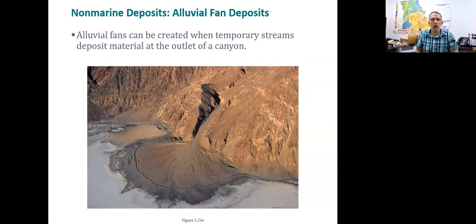It's very similar to a delta, which we're going to talk about in a later chapter. But this alluvial fan looked like one of those old-timey fans where the valley of sediment washed down, and then it found the path of least resistance. So it's going to go in lots of different areas in this location.